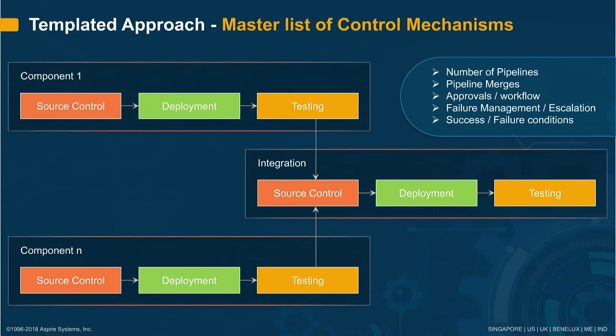We have to be very mindful of pipeline merges. So here, as you can see, component 1 and component N merge into an integration pipeline. This is possible in multiple situations, or multiple combinations of your components can be possible, and all of these need to be tested separately, and finally all of your components together need to be tested in one final integration suite.